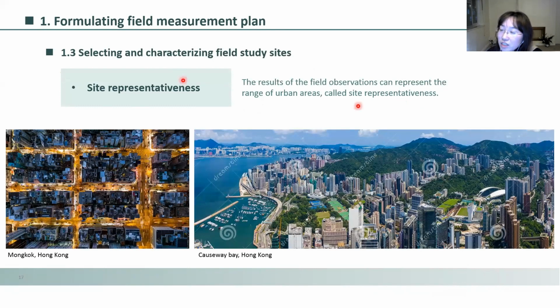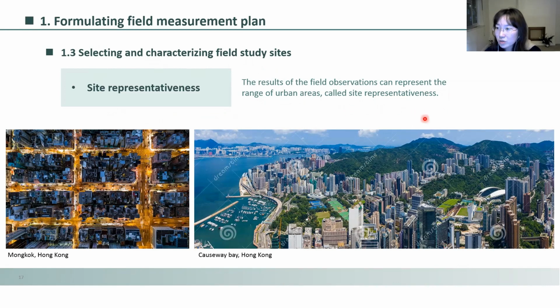Okay, so the next step is to select and characterize the field study site. The first thing we need to focus on is site representativeness. When the results of the field observations can represent a range of urban areas, we call it site representativeness.